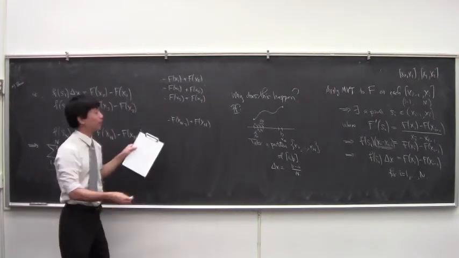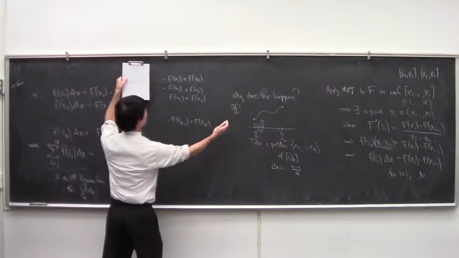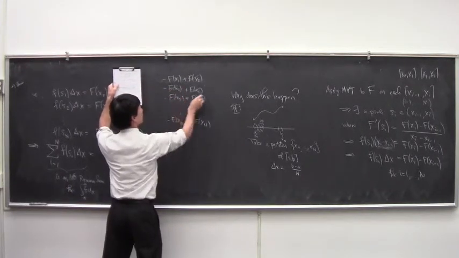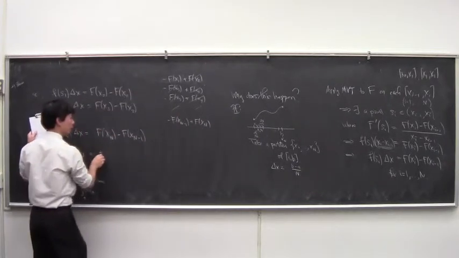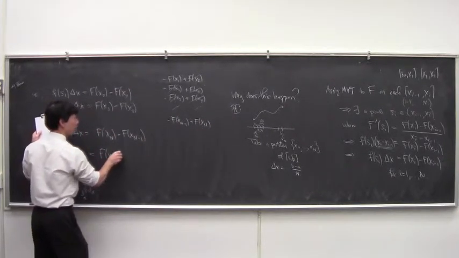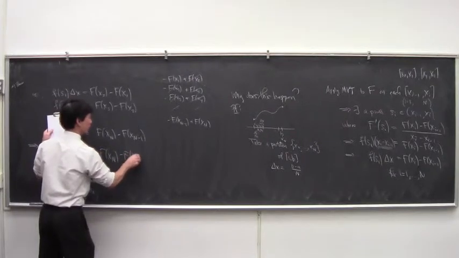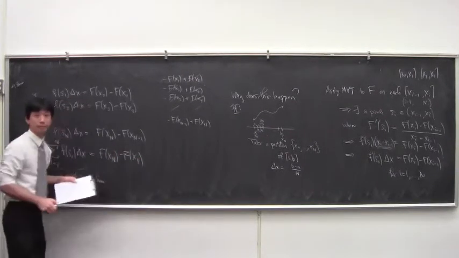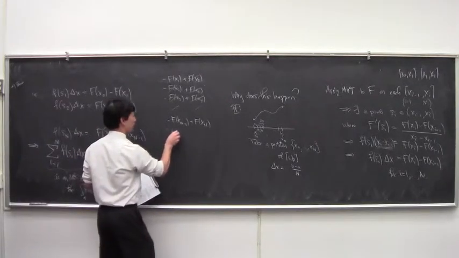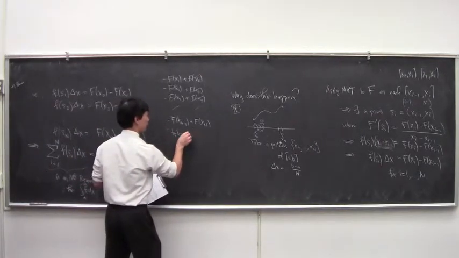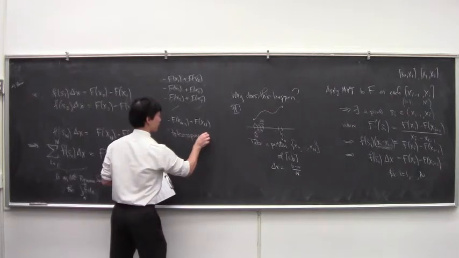You see what happens, right? It collapses in, and you end up with f(xn) minus f(x1). This is what's called a telescoping sum.